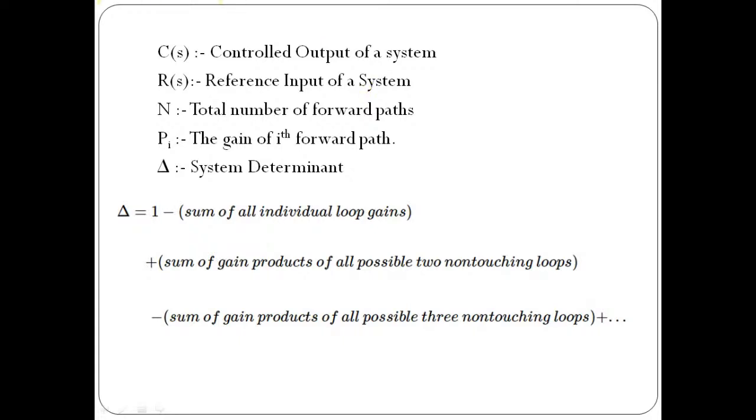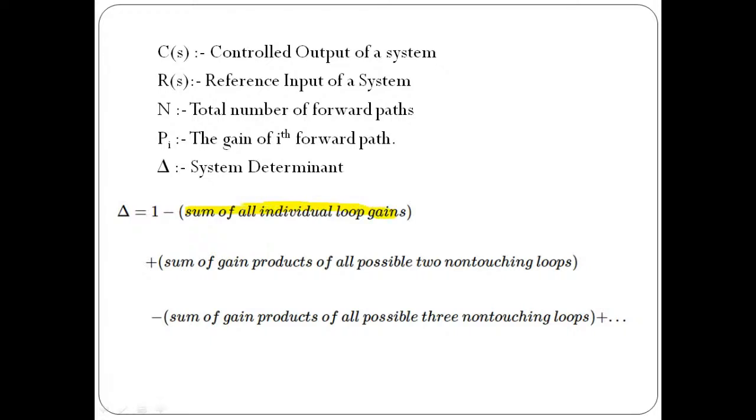So delta, which is nothing but system determinant, is given by 1 minus. Now this formula you have to remember, how to calculate the value of system determinant. So it is going to be 1 minus summation of all individual loop gain.